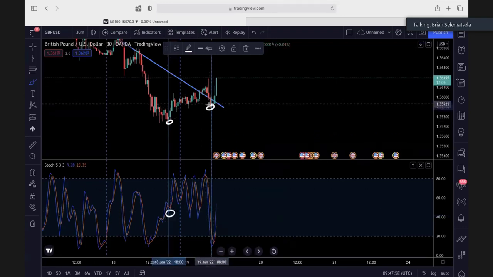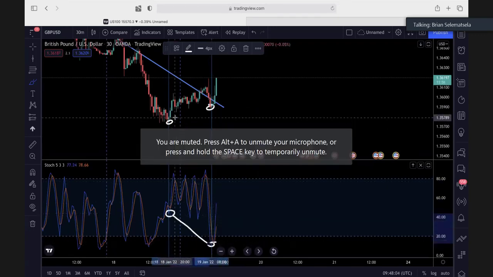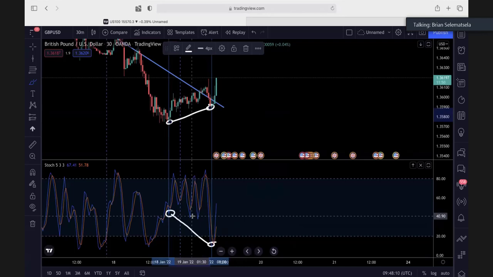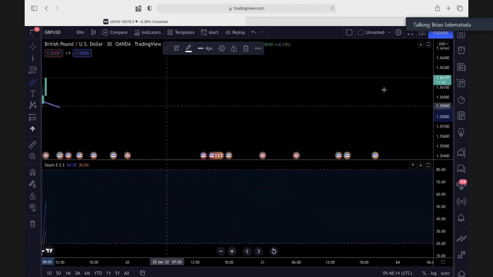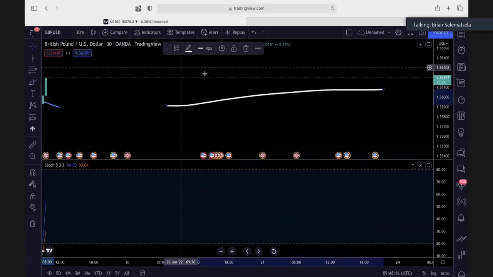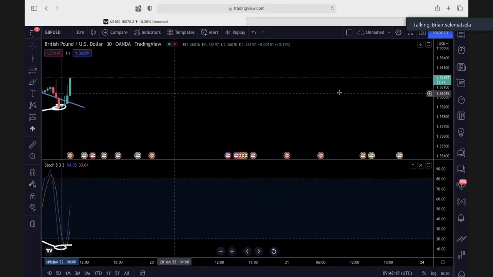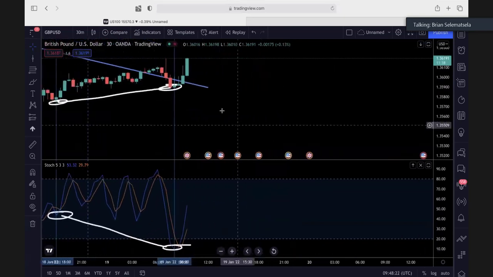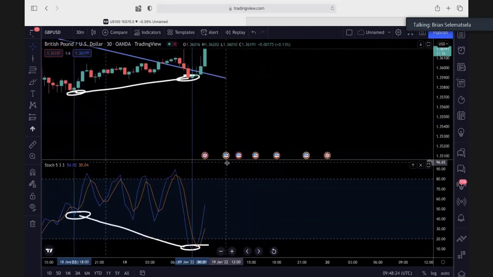The market was there when the stochastic was there. So what you're seeing here is the total opposite of what is actually happening. The final confirmation helps because it is a structure that is already happening, and if you would have taken it, you'd be in profit already.